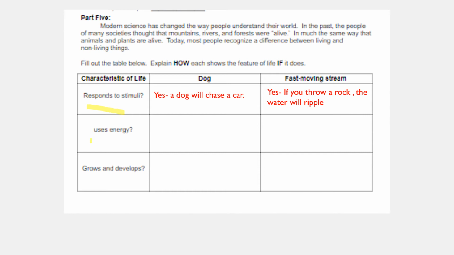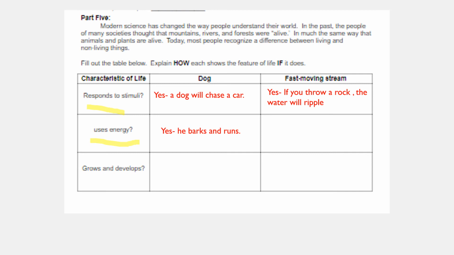Now let's talk about using energy. Does a dog use energy? Absolutely. He barks, runs, and does all those things that dogs do, and that's because he eats his Purina. The fast-moving stream, does it use energy? Now, this gets confusing to people because we have hydroelectric plants.